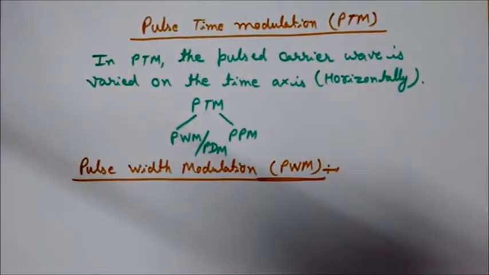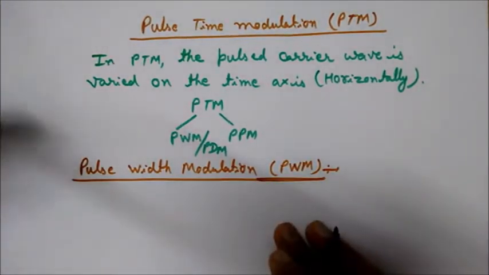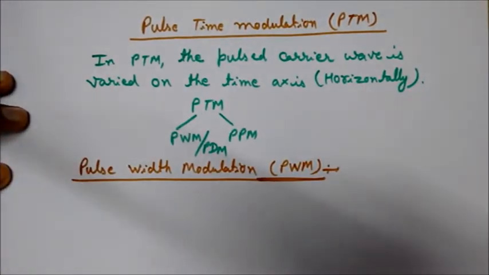In PWM, the width of the pulses of the carrier is varied according to the message signal. As you can see in all the types of modulation we have seen, the thing that changes is the carrier wave, and it changes according to the message signal in each case, and the changes in the carrier wave are as per the name. If it is amplitude, then the variations will be in the form of amplitude.